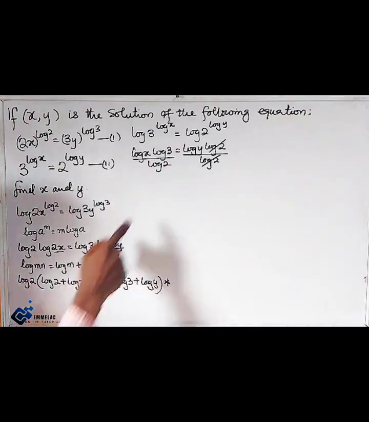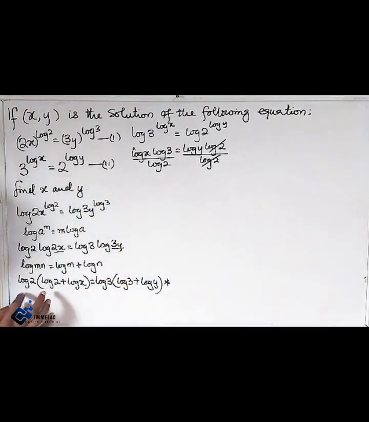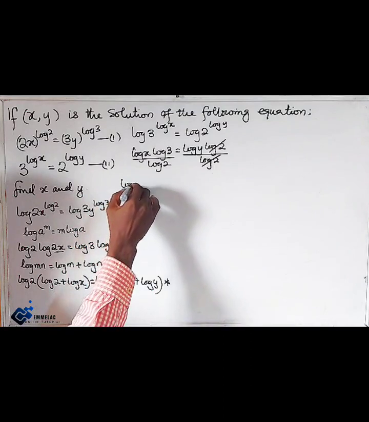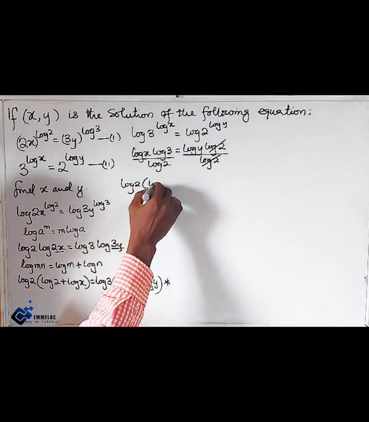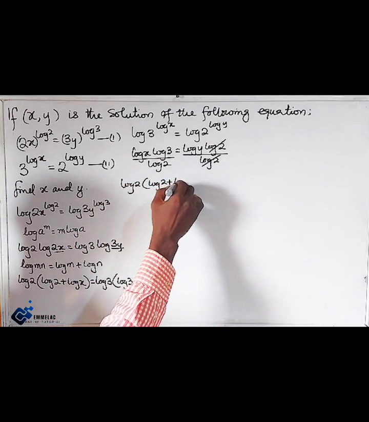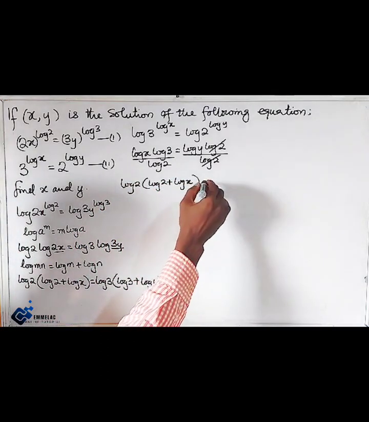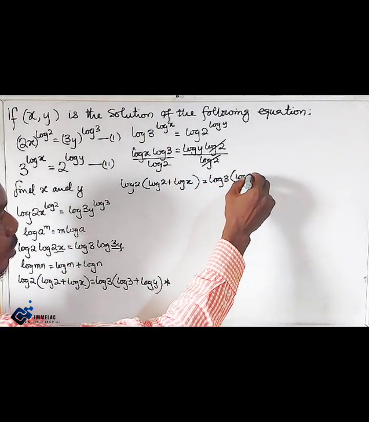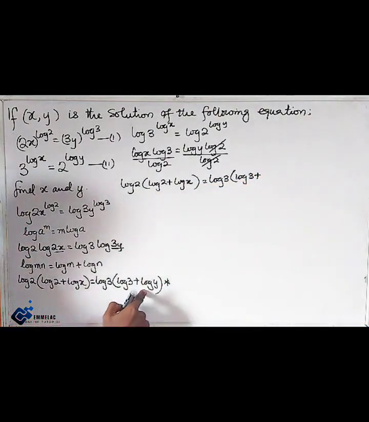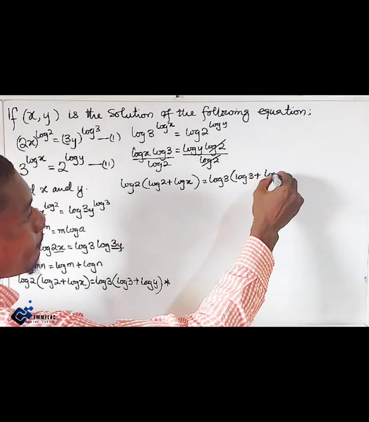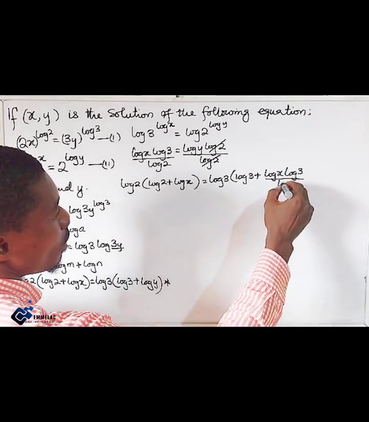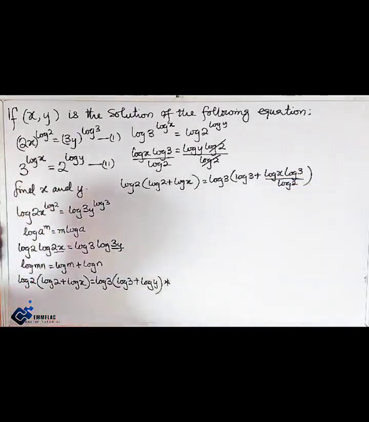Now let us plug log y into the equation with the asterisk. So we end up having log 2 into (log 2 plus log x) equals log 3 into (log 3 plus log x log 3 all over log 2) close bracket.